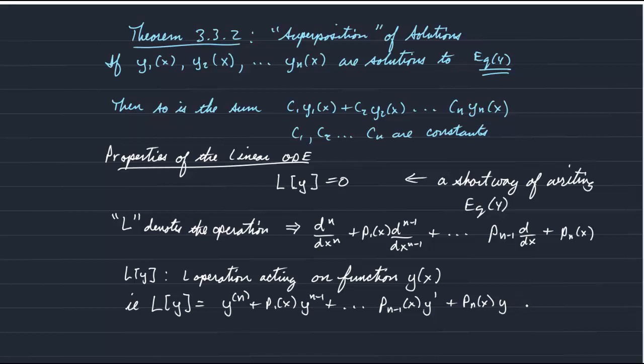And we can say that this function is equal to 0 to describe the general equation. Likewise, we could operate L on some other function, u, and we would get u raised to the nth power plus p1 times u raised to the n minus 1 power all the way out to pn of x times u.